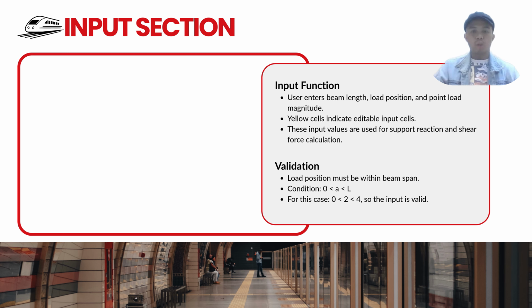These input values are then used by the spreadsheet to calculate the support reaction and shear force values. The load position must be within the beam span. Therefore, the condition is 0 less than A less than L. In this case, the value of A is 2 meters and the beam span is 4 meters. So the input is valid.